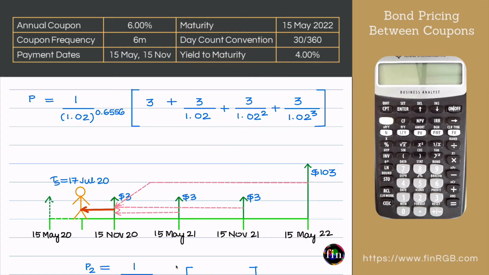So this approach number 2 tells me that I can find the fair price of my bond as of today, which is 17 July 2020, by following a 2-step process.